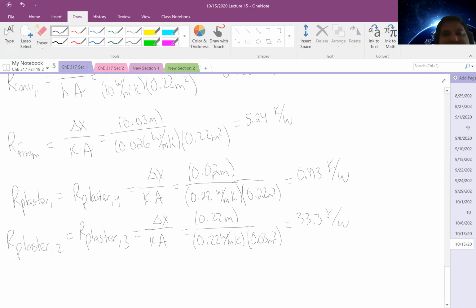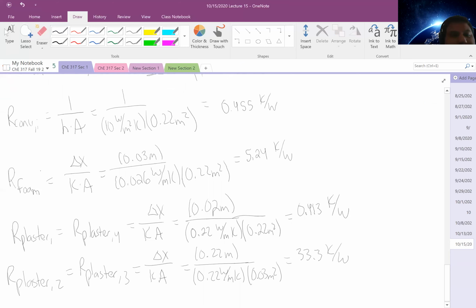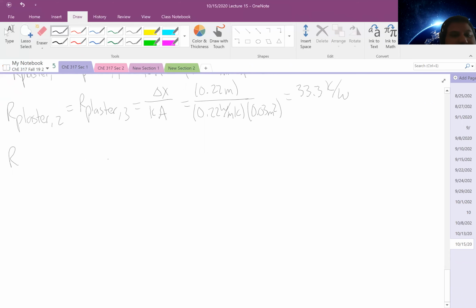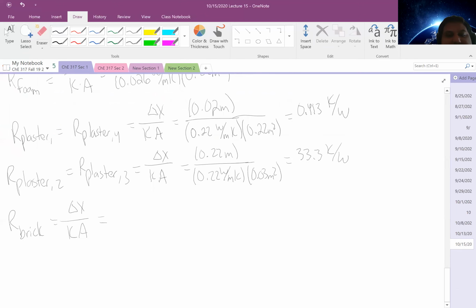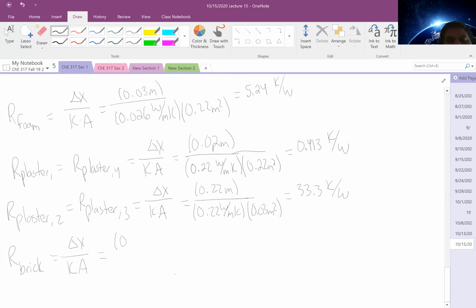Lastly, I need the brick, which once again has the same conductive resistance expression. Now the thickness here, once again, is going to be 0.22 meters. My thermal conductivity is going to be 0.72 watts per meter Kelvin.